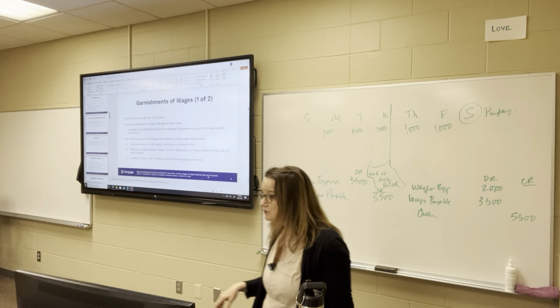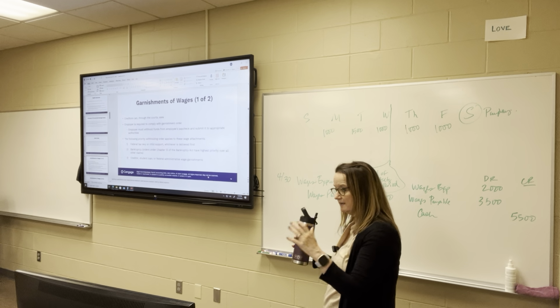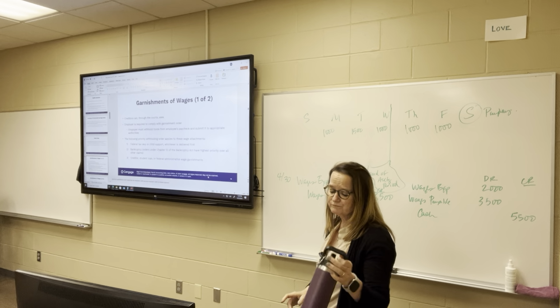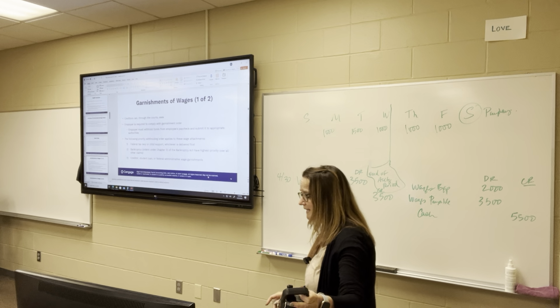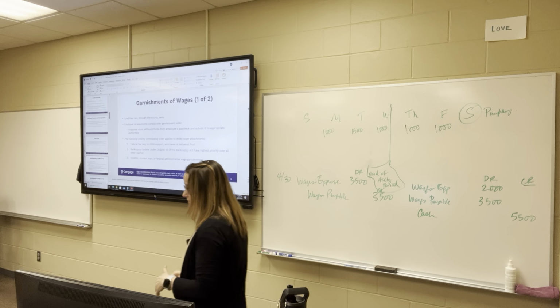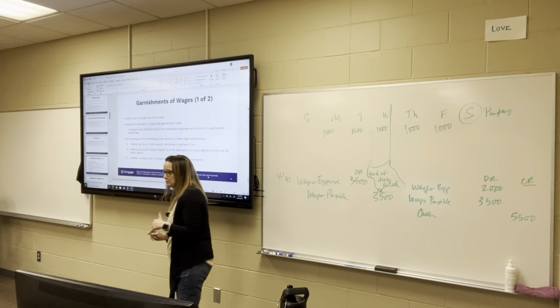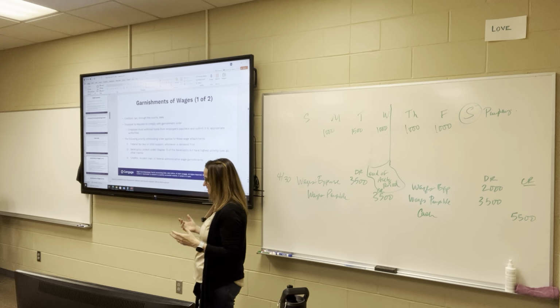All right, garnishments. Garnishments are kind of a separate category. Garnishments are involuntary, meaning you are subjected to them whether you like it or not. Obviously, they're only for certain individuals.